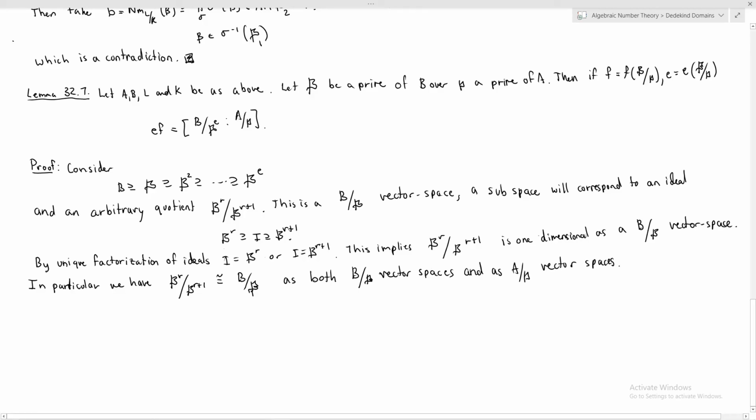Okay. Each quotient in this chain has dimension F as an A mod P vector space. So each quotient in this chain has dimension F. And then you need to do a little bit of linear algebra.